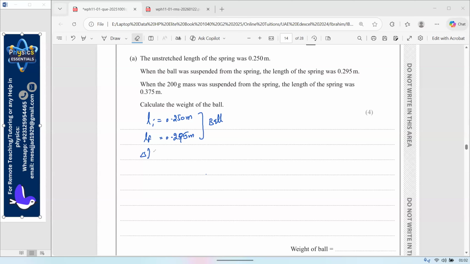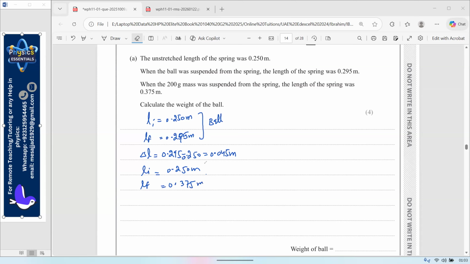From here the extension is 0.295 minus 0.250 equals 0.045 meters.